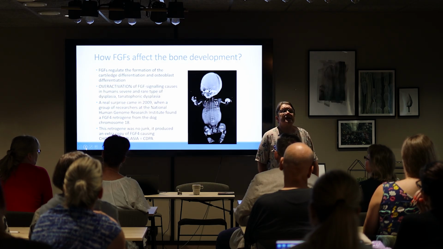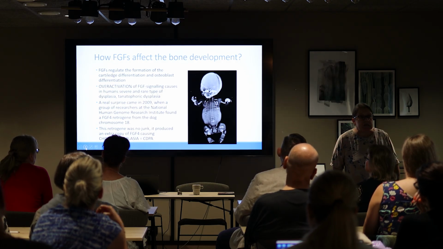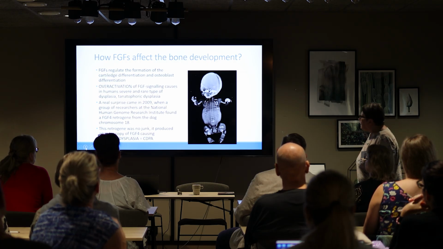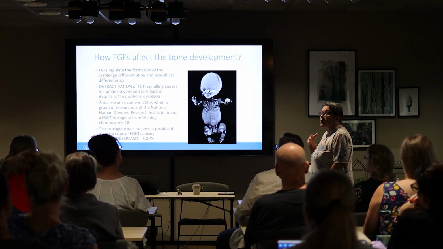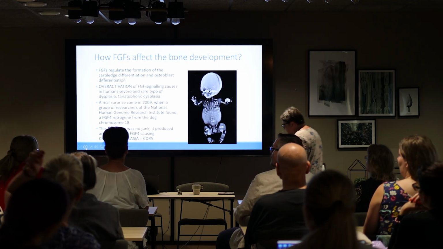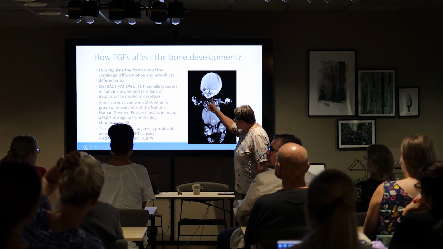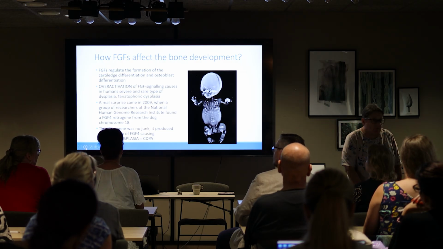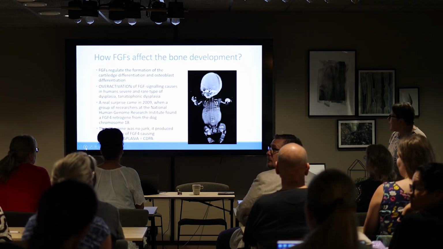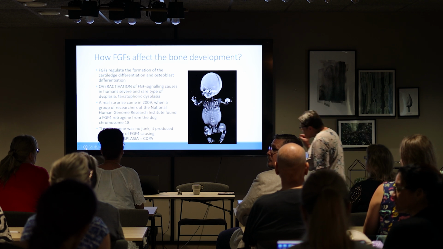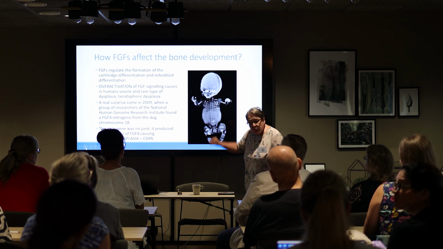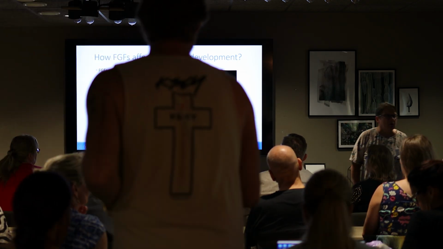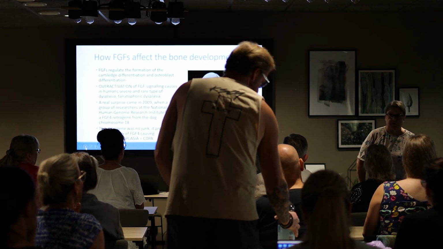Thanatophoric means that it is lethal, so these babies cannot live. One reason is that their bones here in the chest are not developed properly, and they cannot breathe. But you can also see that they have tiny, short bones here. And it is because of this overexpression of FGF.